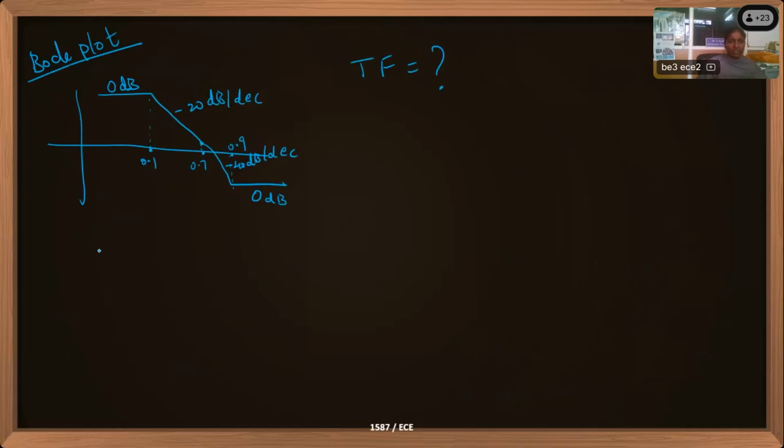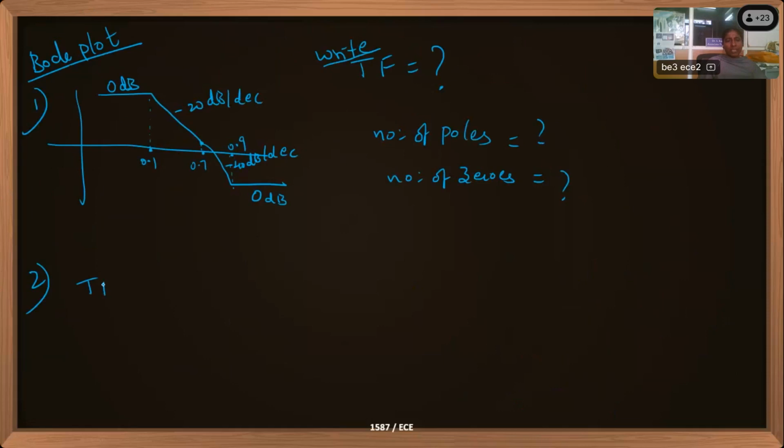Similarly, work out how many poles and zeros there are and how the slope is changing based on those poles and zeros. So when a Bode plot is given, write the transfer function, and this is the first model problem.